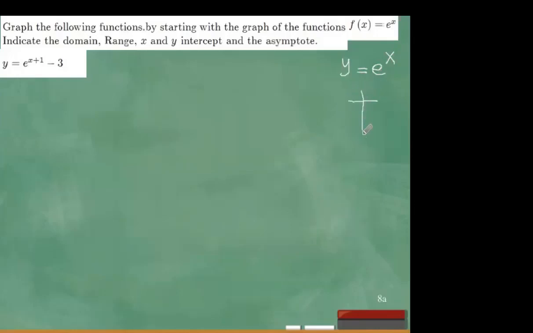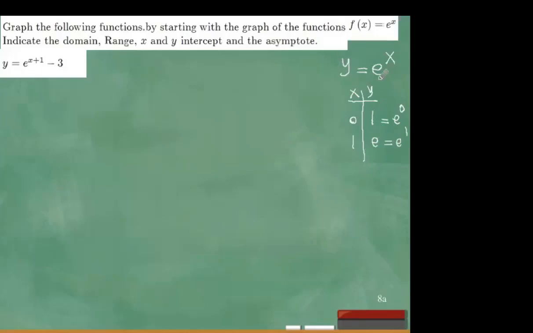Just for a few, if x is equal to 0, anything to the power of 0 is equal to 1, that would be e to the power of 0, which is equal to 1. If x is equal to 1, y would be equal to e to the power of 1, which is just e, and so on.